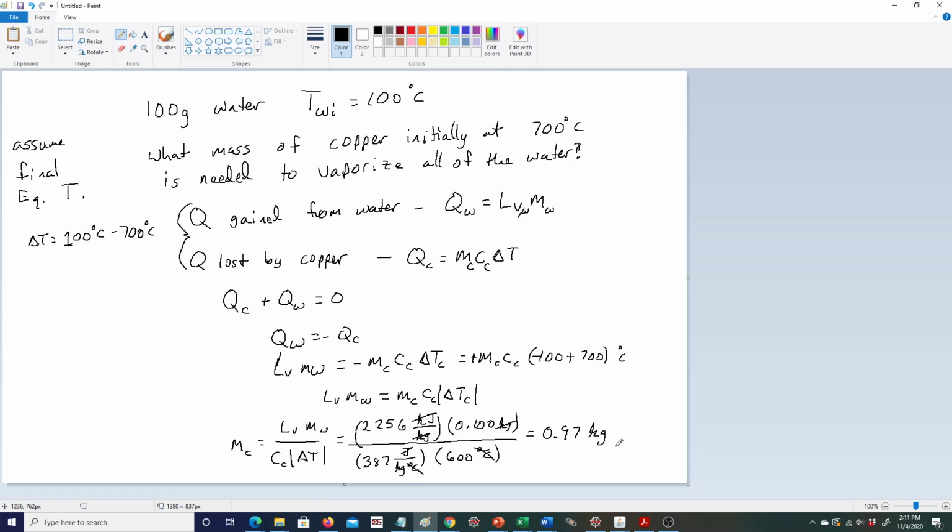But it won't be below 100, right? So I guess what I'm saying is your initial temperature change for your copper is not going to be 600 degrees. The change is not going to be 600 degrees.